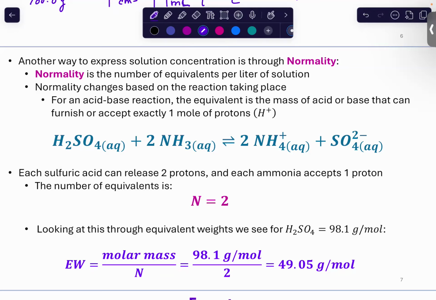Okay, so here we have H2SO4. What's the acid group? Sulfuric acid. If I look at that, I have 2 protons on there, so that's called a diprotic acid.